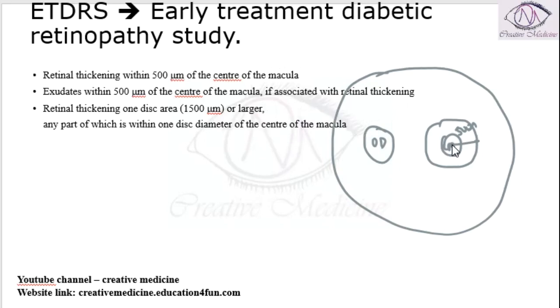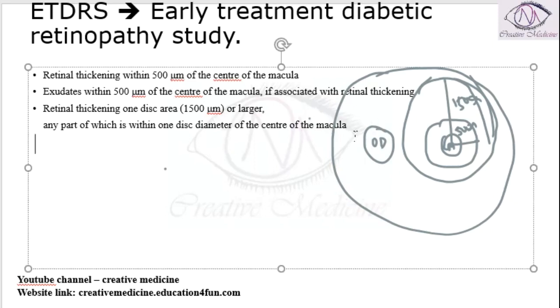So that means if a larger area of thickening, almost 1500 micrometers, is seen anywhere from here to here, then all these indicate the presence of clinically significant macular edema in a patient with diabetes.